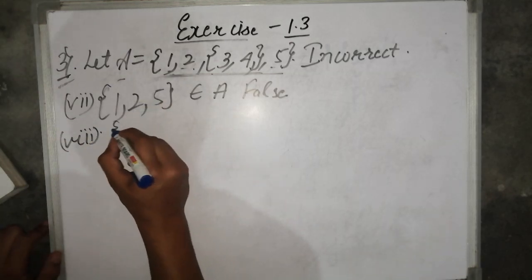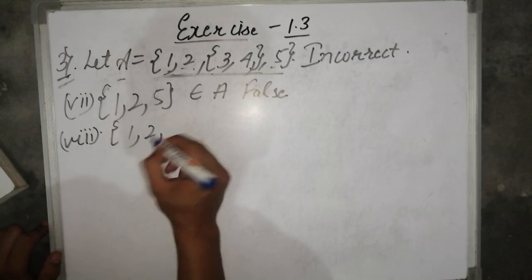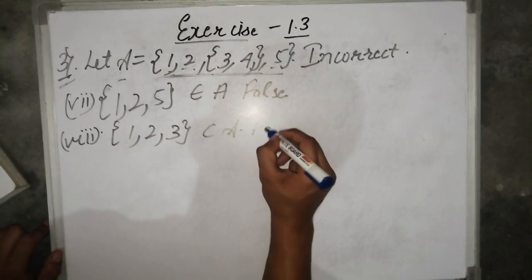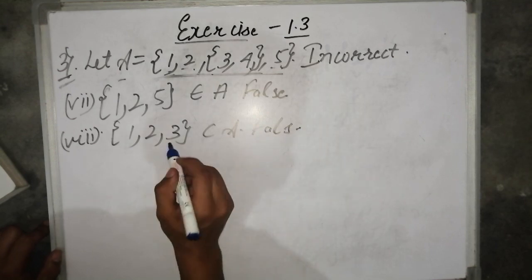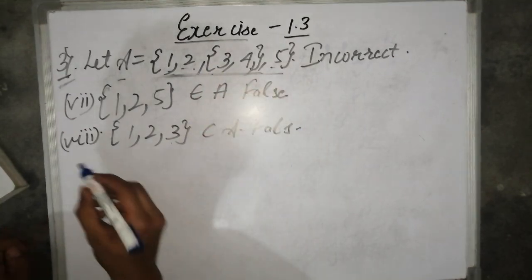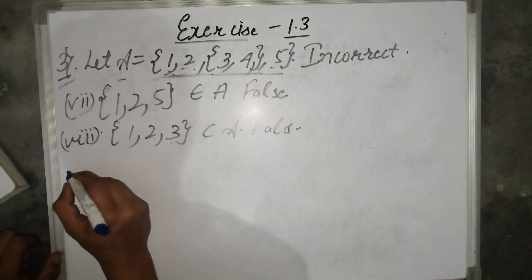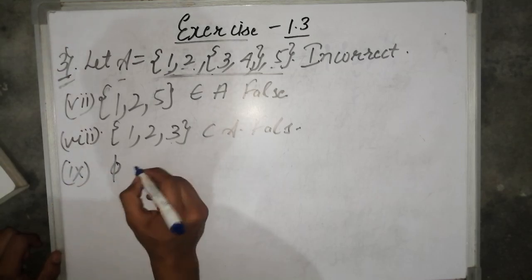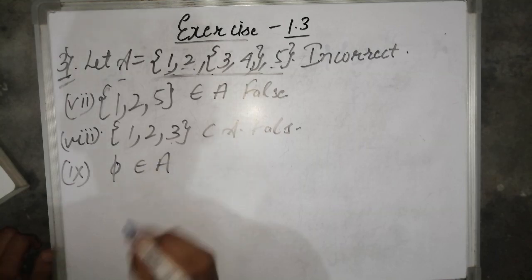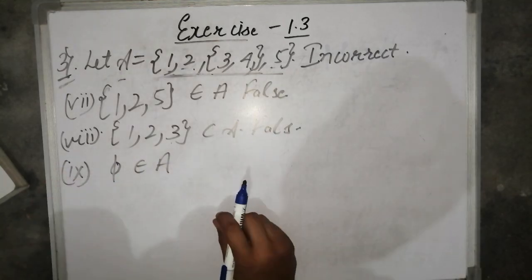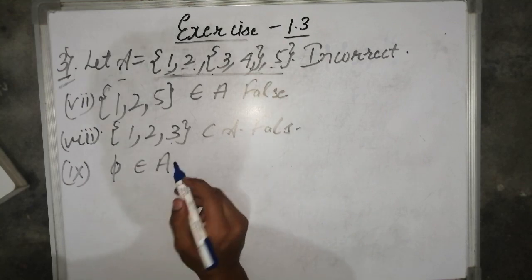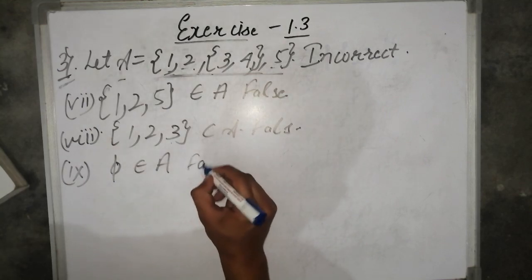Eighth part is {1, 2, 3} is a subset of A. False, because there is no logic behind it that 3 is also included from this subset. Okay, moving to the ninth part, we have 5 belongs to A. So note that 5 is always a subset of a set. It doesn't belong to A, that's why it is false.